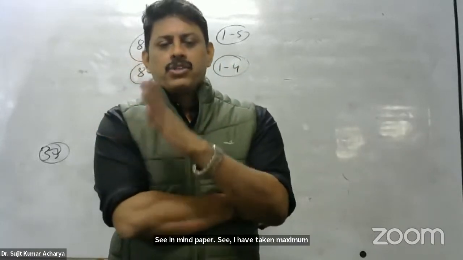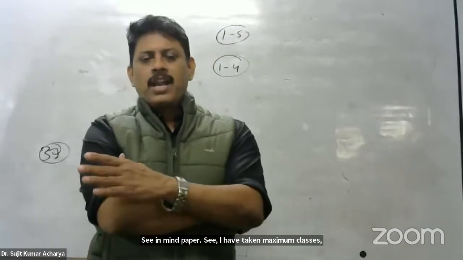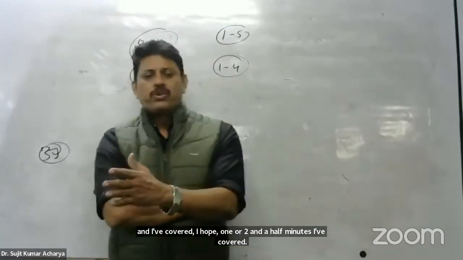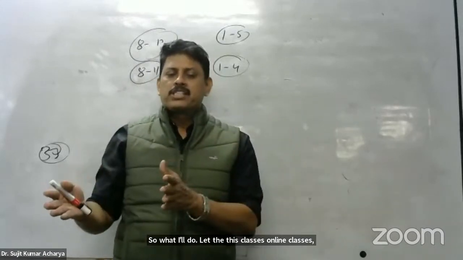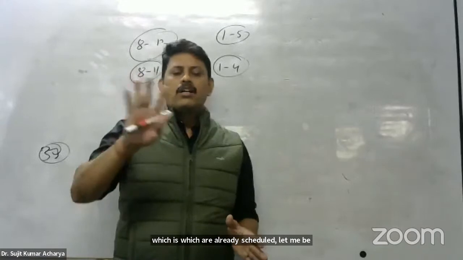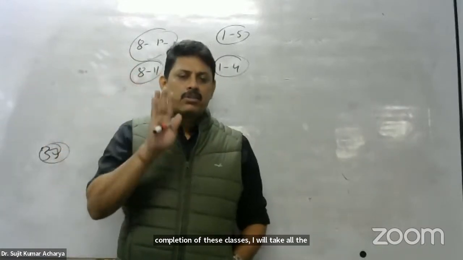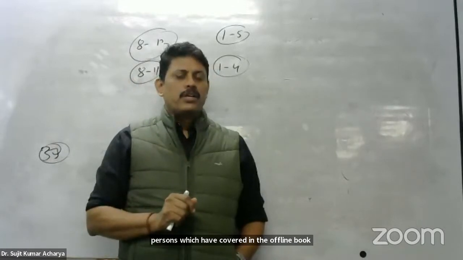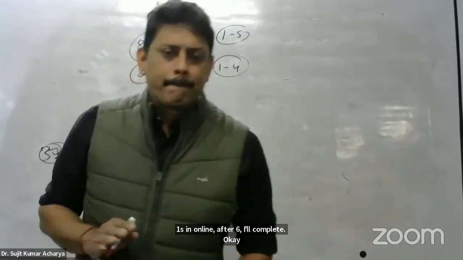So what I will do, let the online classes which are already scheduled be completed fast. Then after the completion of these classes I will take all the portions which I have covered in offline mode once again in online mode after 6th. Okay, sir.